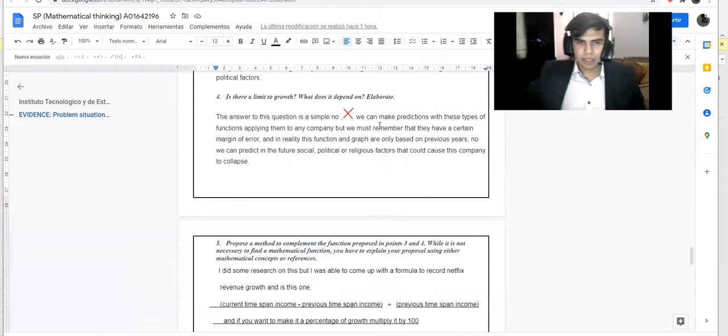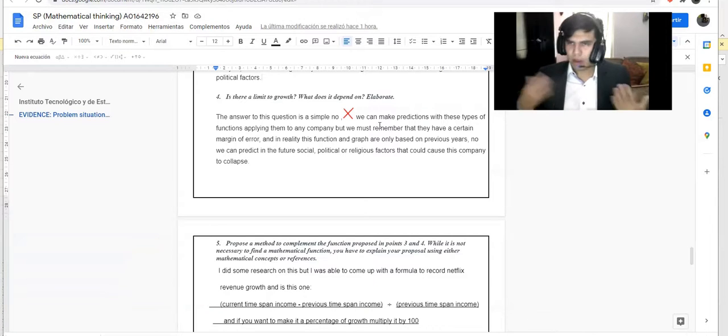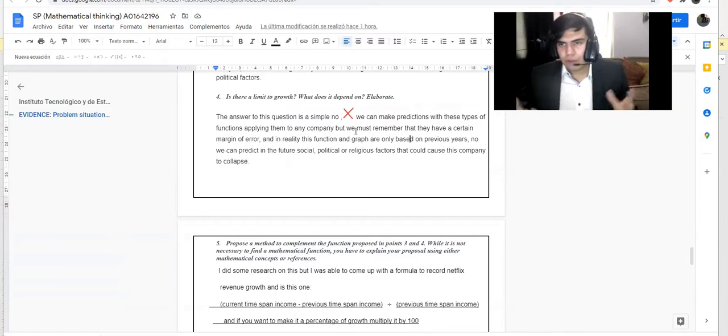We can make predictions with this type of function applying to every company in the world, every company that has revenues and has 2 factors, obviously. But we don't know if this company is going to collapse, or if there's going to be another pandemic like the one we're living.